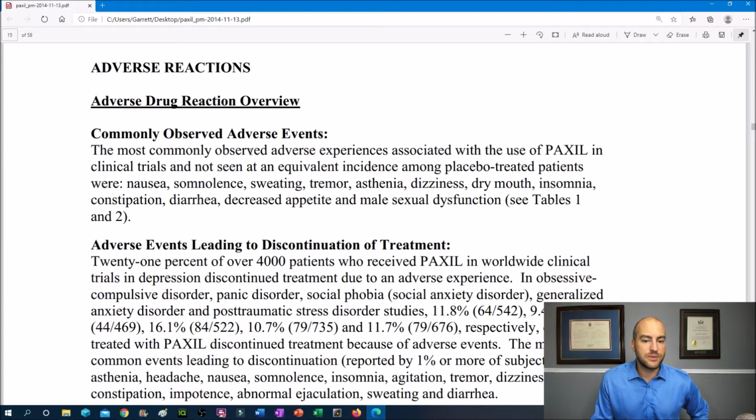The most commonly observed adverse events associated with the use of Paxil in clinical trials and not seen at an equivalent incidence among placebo patients were nausea, somnolence, sweating, tremor, asthenia, dizziness, dry mouth, insomnia, constipation, diarrhea, decreased appetite, and male sexual dysfunction.